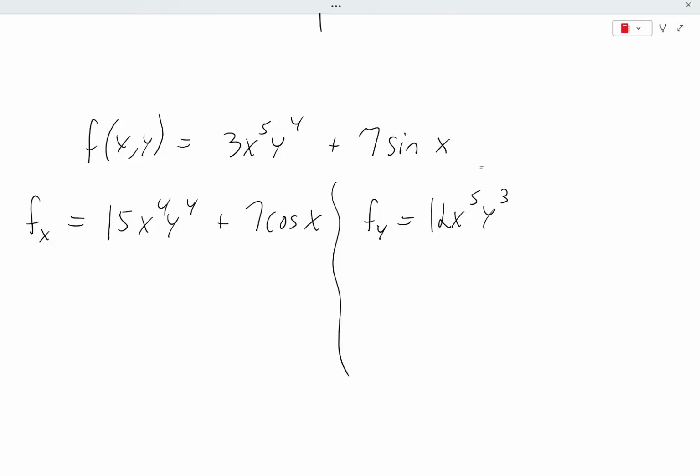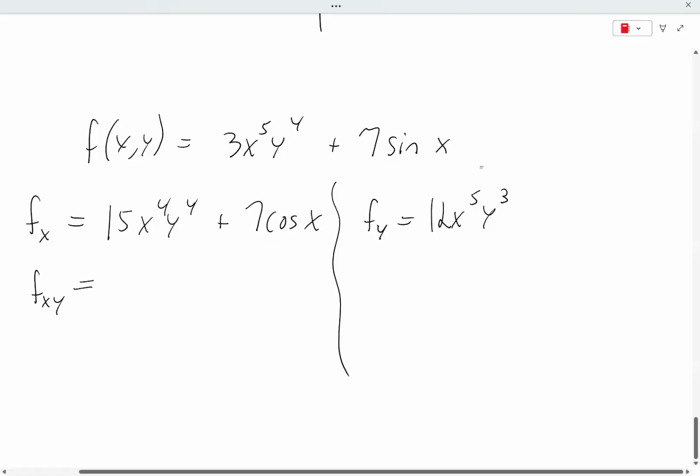And I'll just show you one more time here. If I take the partial of this with respect to y, what do I get here? That would be 60x to the fourth y cubed, I think. And this would drop over here, right?